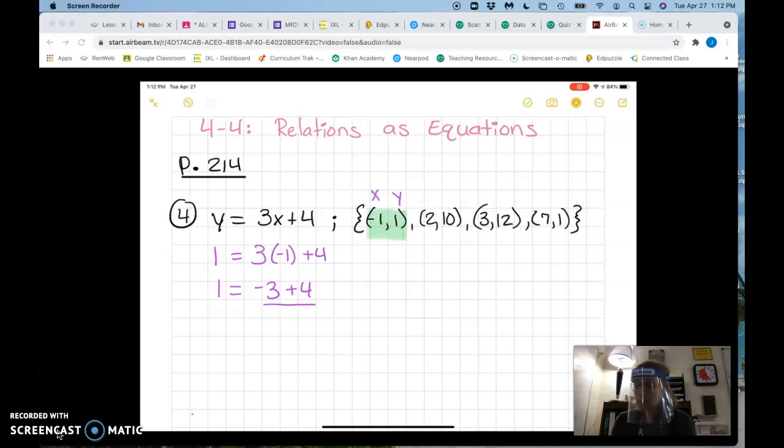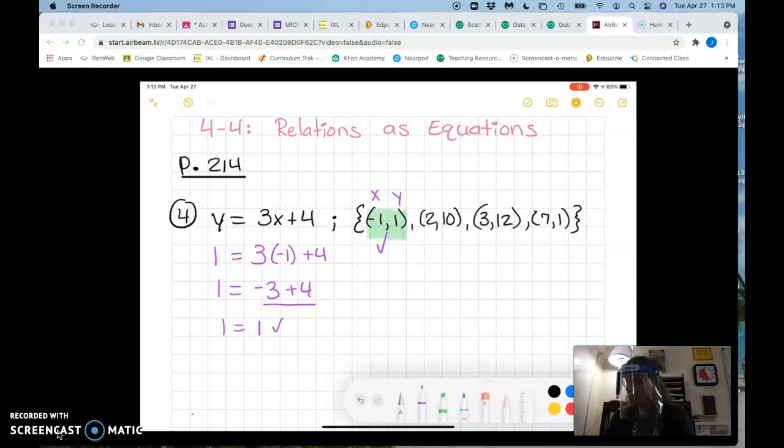So what is -3 plus 4? It's 1. So does 1 equal 1? Yes, 1 equals 1. That means that this ordered pair is one of our solutions. But we have to keep going. We have to plug the rest in because there's more than one answer to these questions.